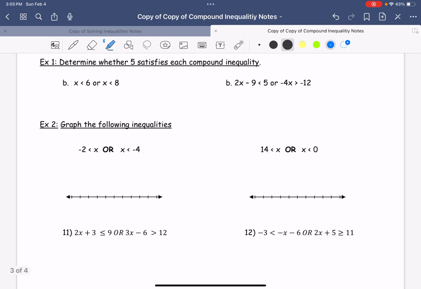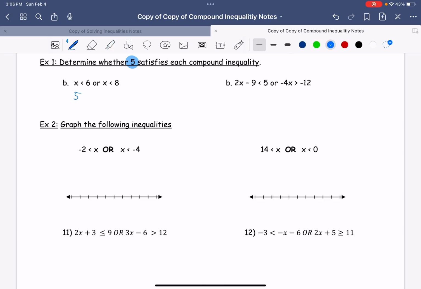Let's determine again whether 5 satisfies each compound inequality. Last time we looked at 5, but it was an and statement. Does 5 satisfy each compound inequality? On B, it says x is less than 6 or x is less than 8. So we're going to plug in 5 for x.